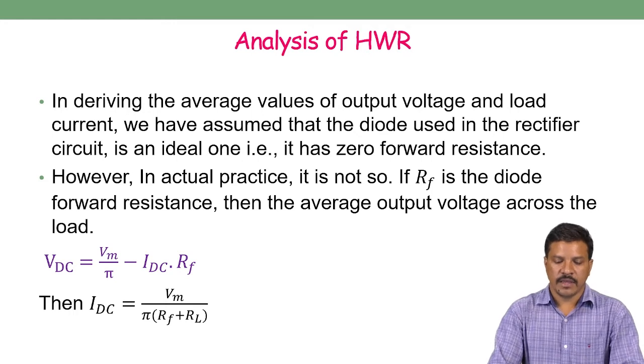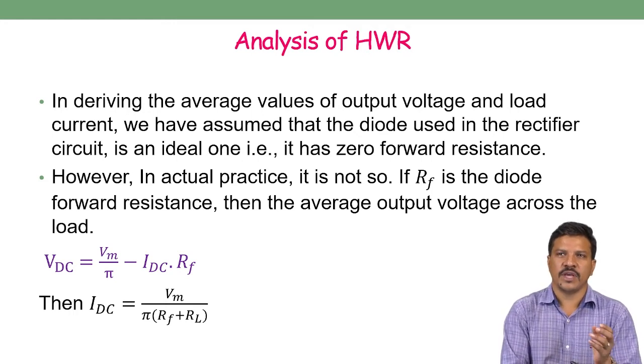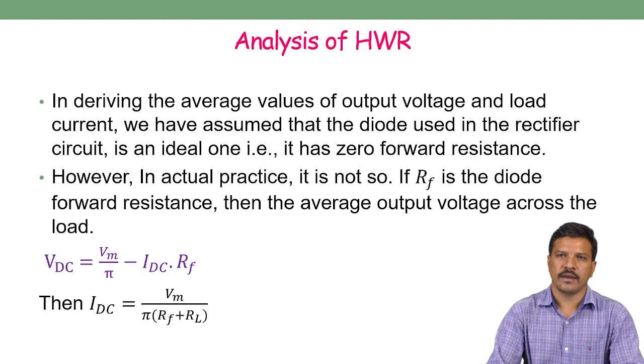In deriving the average values of the output voltage and load current, we have assumed that the diode used in the rectifier circuit is an ideal one. When we assume that it is ideal, it has zero forward resistance and infinite reverse resistance. However, in practical applications it's not so.